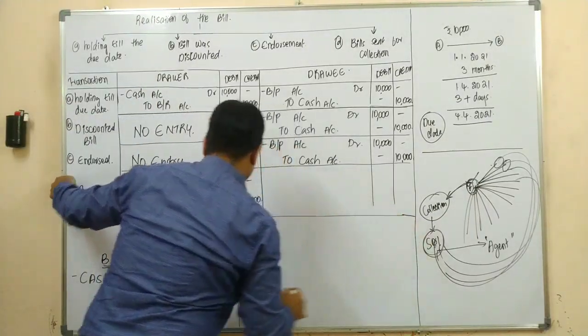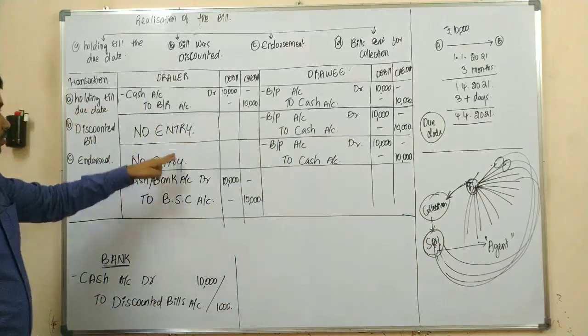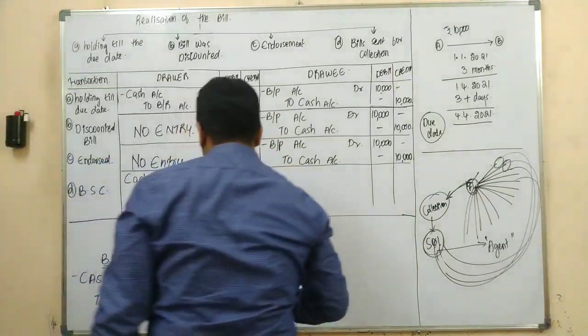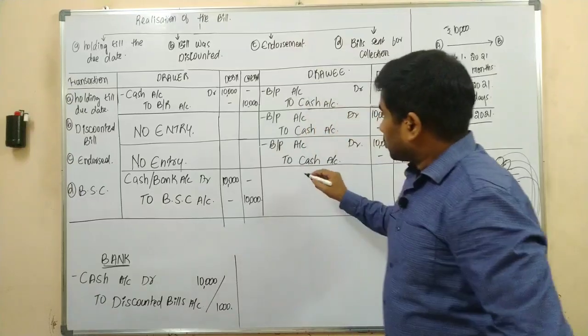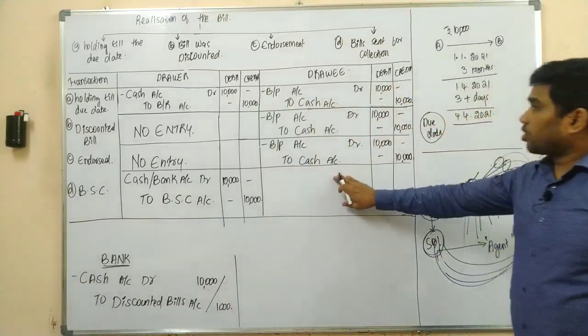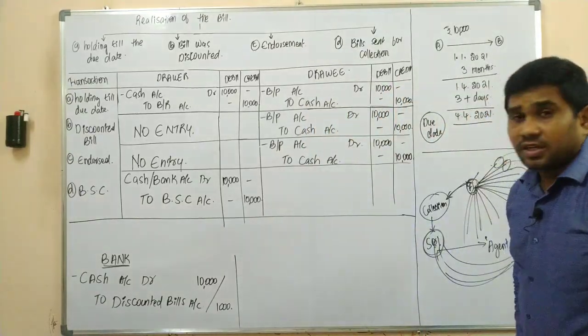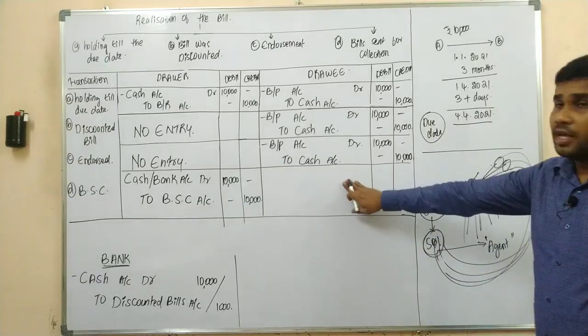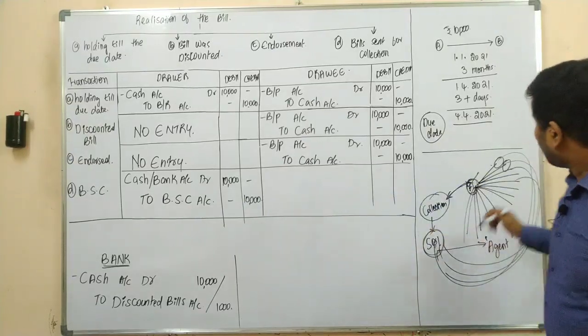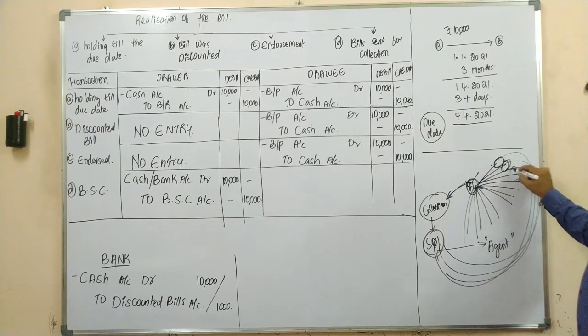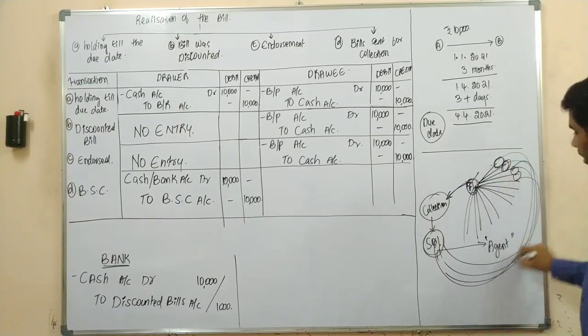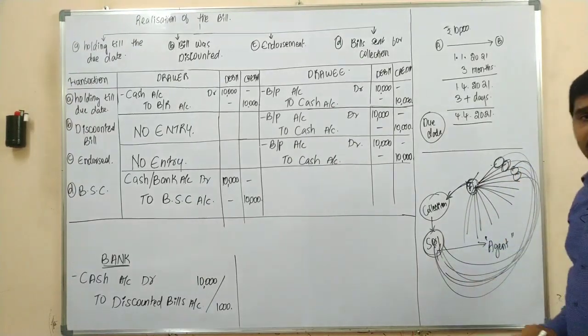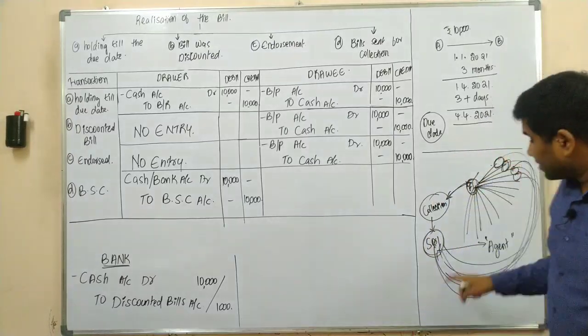Now let us continue. Oh, we forgot to record the journal entry in the books of drawee. So what is the journal entry in the books of drawee upon payment of amounts to the banker who is acting as an agent?